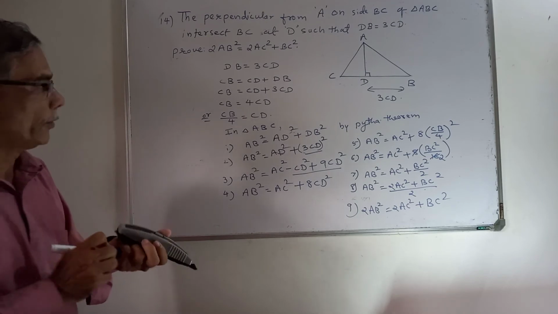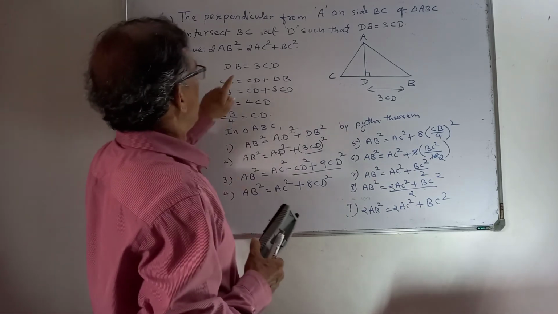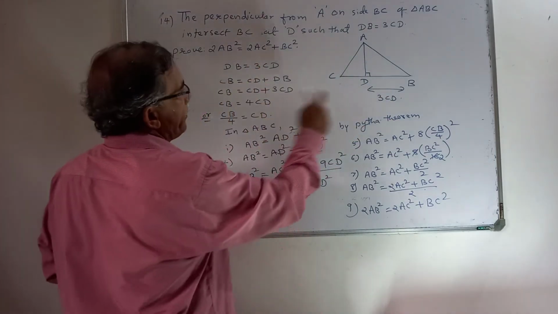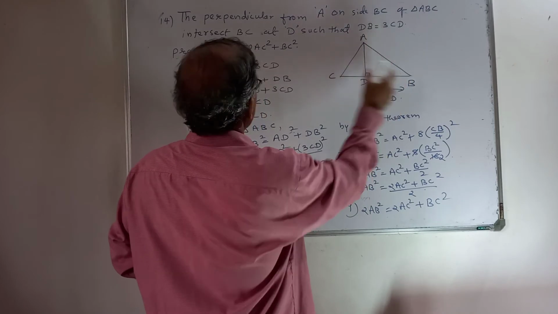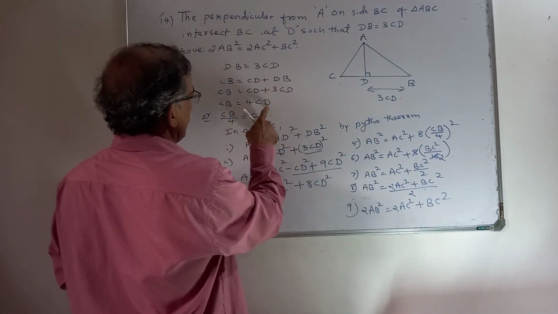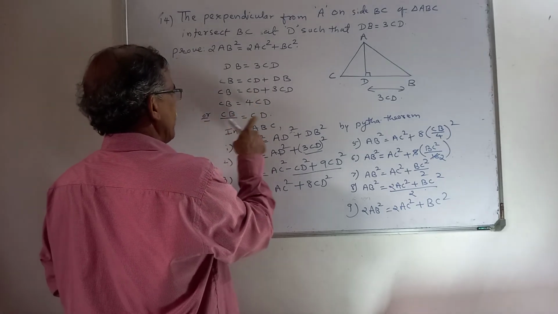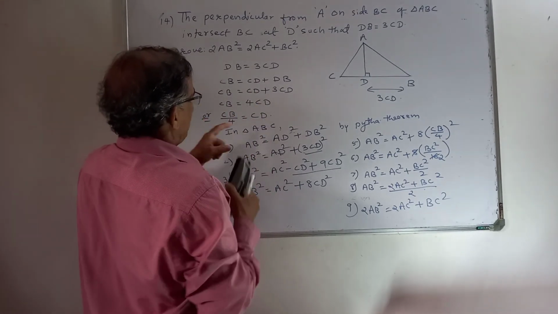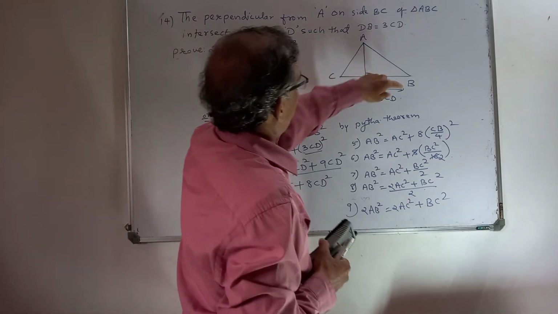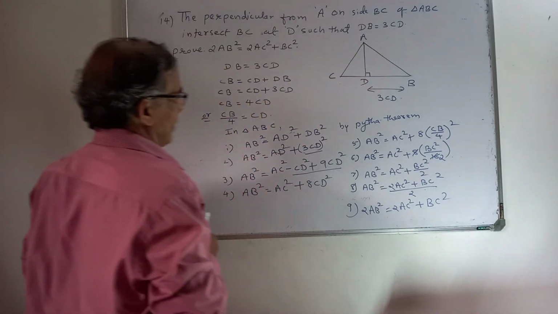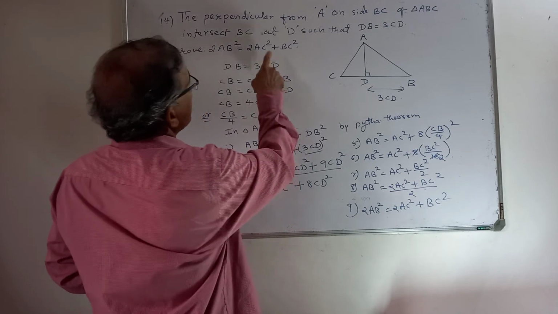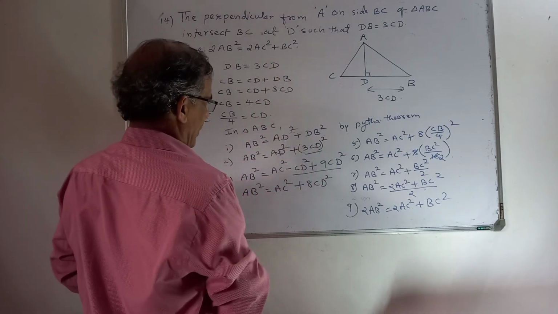Now I shall explain again. DB is equal to 3CD, that is given to us. From this, the full length CB is equal to CD plus DB, which means CD plus 3CD, so CB is equal to 4CD, and therefore CB upon 4 is equal to CD. Now we want to find AB square. AB square is equal to AD square plus DB square, which is AD square plus 3CD whole square.